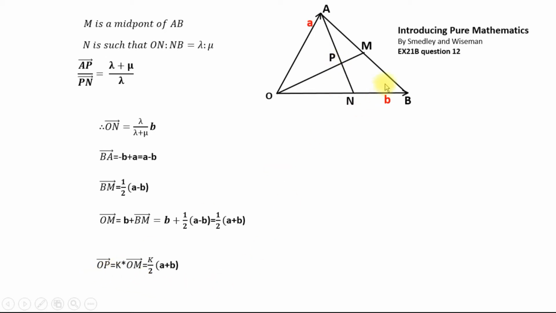OP is obviously a portion of OM. So we say it's K times OM, means it's some fraction of OM. And OM, we have already written it to be half of A plus B. Therefore, OP would be K over 2 times A plus B. We will need to use this later, so we will take a copy of it and bring it to one side.